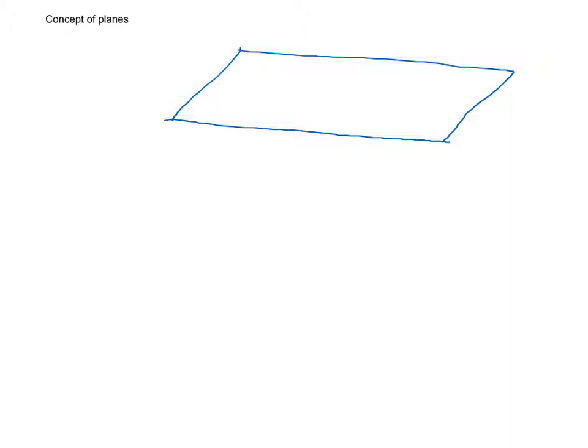Suppose there's a plane in 3D, in space, and we know two things about the plane. We know a vector which is normal to the plane, which I will call n, and we also know the components of n.